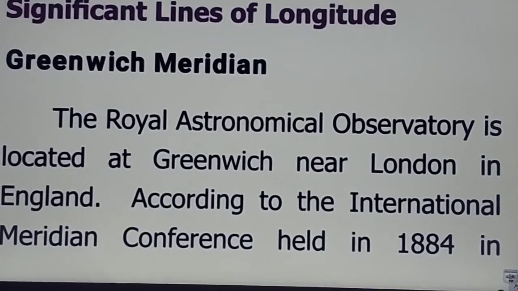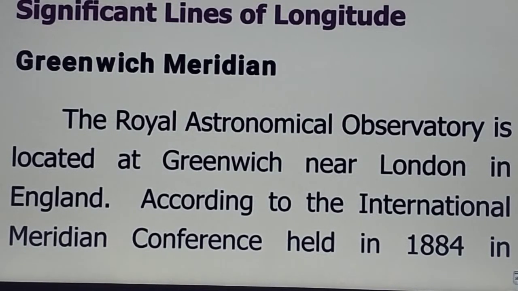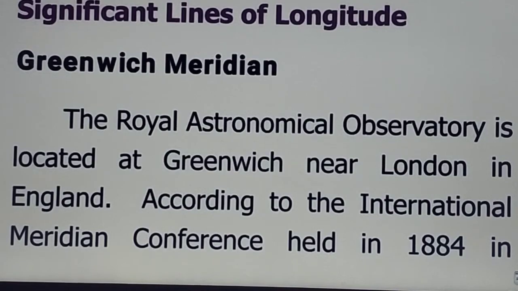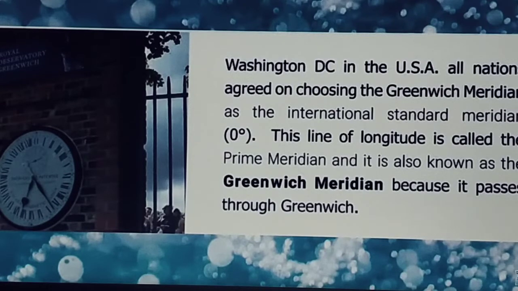According to the International Meridian Conference held in 1884 in Washington, D.C. in the USA, all nations agreed on choosing the Greenwich meridian as the international standard meridian, 0 degrees. This line of longitude is called the prime meridian, and it is also known as the Greenwich meridian because it passes through Greenwich.